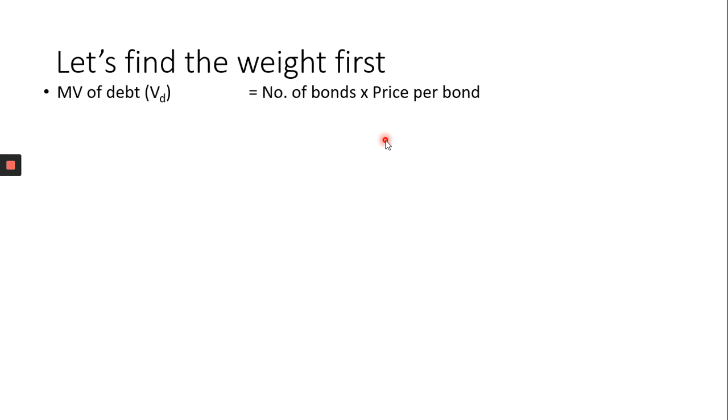Firstly, we will calculate the market value for the debt. The market value for the debt is simply the number of bonds times the price per bond. The question says the total number of bonds is 10,000 and the price per bond is 1,100.